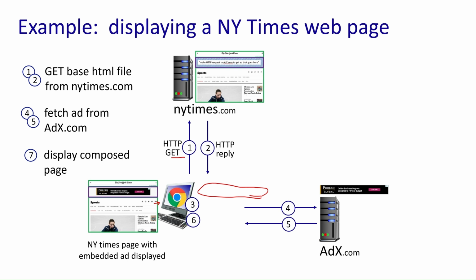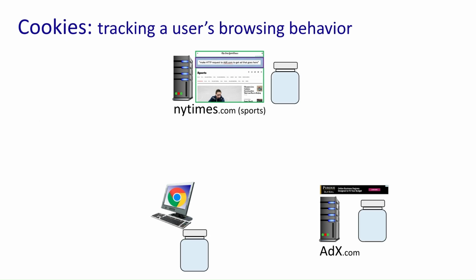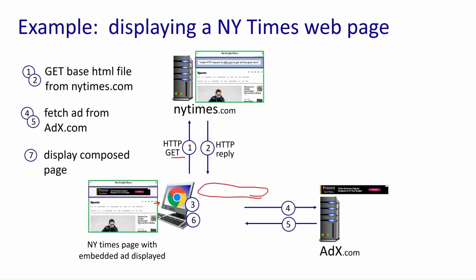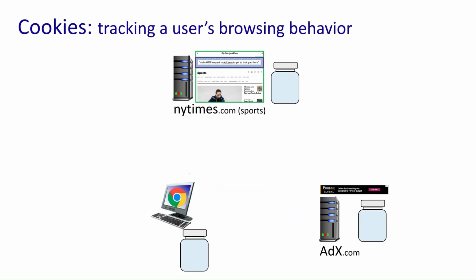Now, let's try to see how the cookies are maintained while doing the same task. So remember, the first step will do what? Will send an HTTP request message. This is step number one. And whenever a new request is received from a client, the server will maintain, remember, the server is maintaining a backend database.